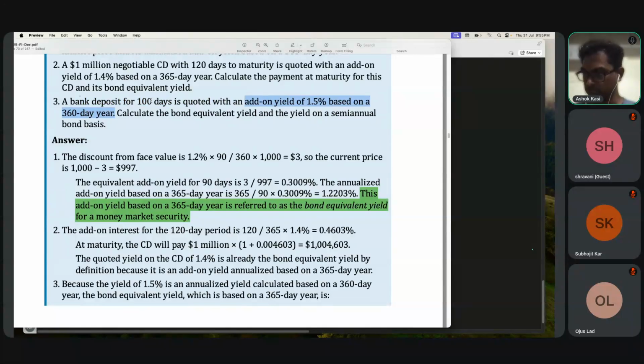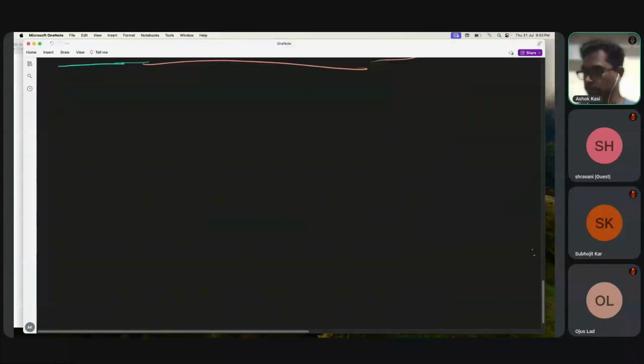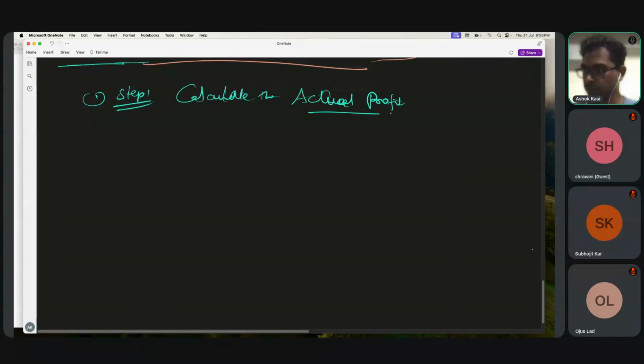So the first step is to proportionate to the actual. Step 1, calculate the actual profit. So how to calculate actual profit?